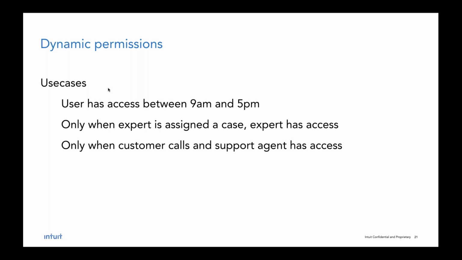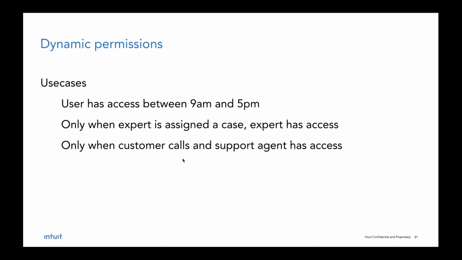You can quickly see that as such use cases increase, it becomes more and more complicated. The other example we gave was that if an expert is assigned to work on a case, and because of that case has to access your data, you will again, in the RBAC world, have to assign the role during the case time and then close it once the case is closed, and it all becomes complicated.